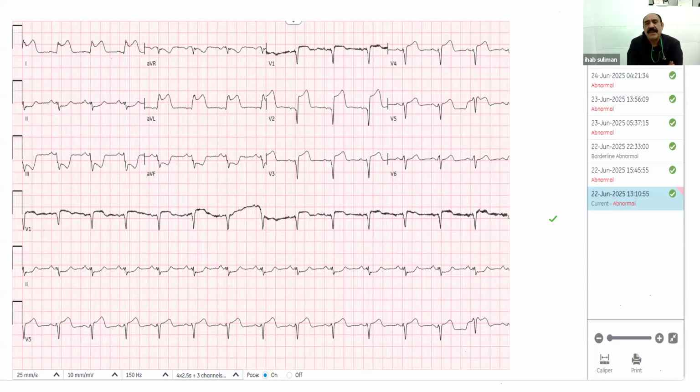Tell me what is wrong with the ECG and what is the shape of such an ECG called.